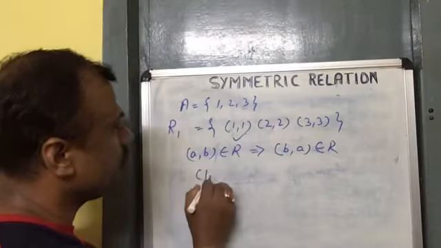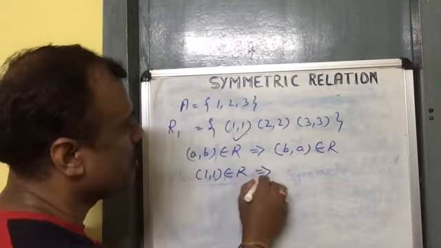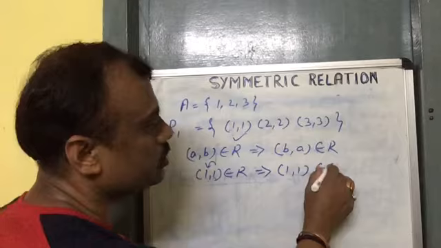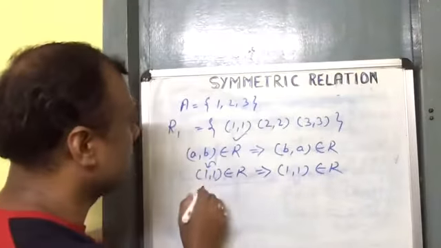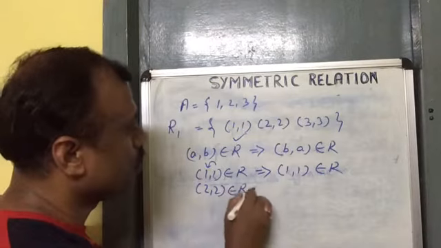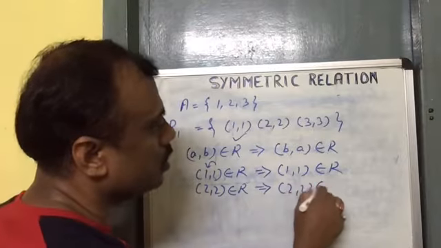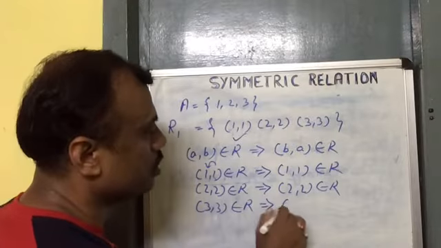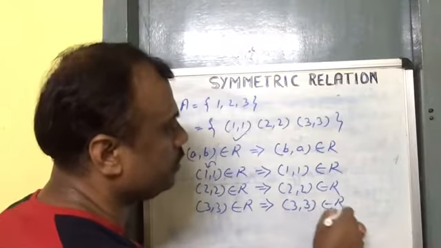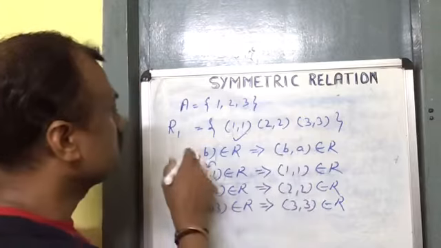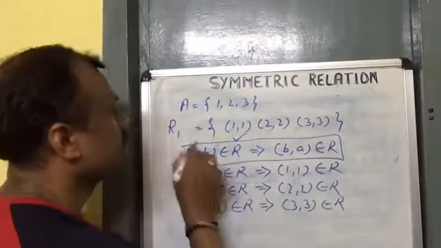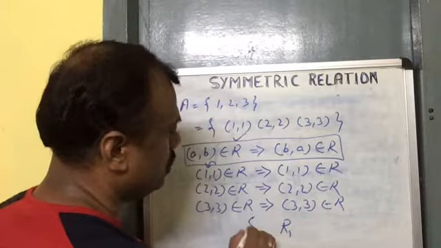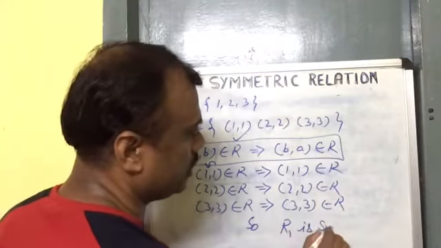If (1, 1) belongs to R, reversing this we again get (1, 1). Similarly for (2, 2) and similarly for (3, 3). So for all elements this condition is satisfied. So R1 is symmetric.